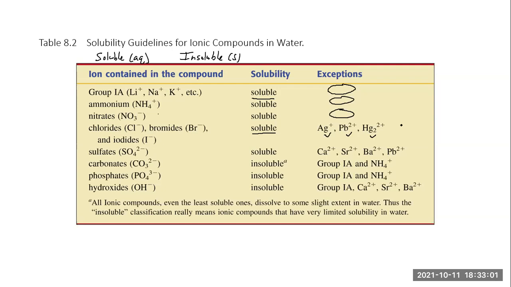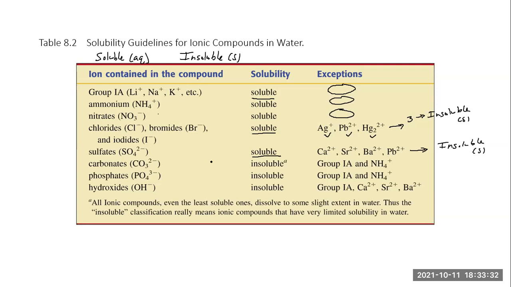The exception would be the opposite, which means if you have any of these 3, they would then become insoluble and become a solid. Now there are sulfates, which are also soluble in most things, but here there are 4 exceptions. If you had any of those 4 exceptions in a formula with sulfate, that means it would be insoluble instead of soluble, and you would expect a solid.